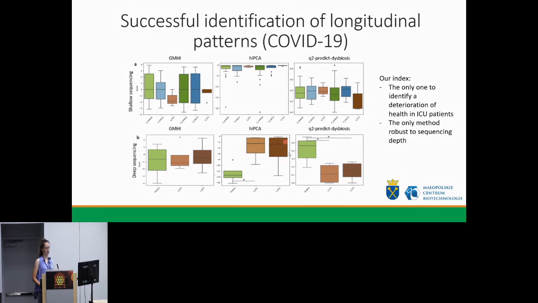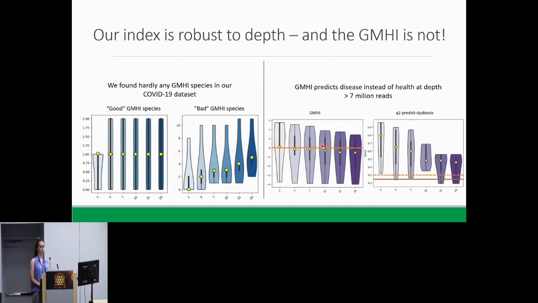High PCA, again, claimed a completely inverse trend, claiming that healthy people were more diseased than COVID people. And our index was the only one that produced a separation and nicely showed that COVID people were more diseased than healthy people.